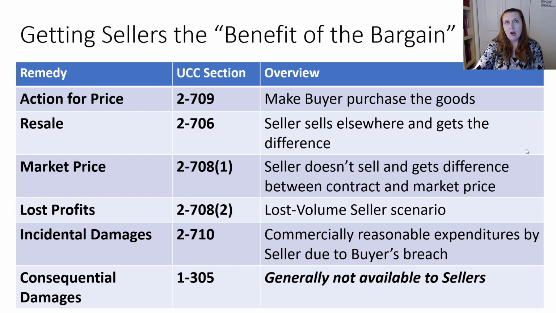All of these are ways of trying to get the seller to the point of: they had a contract to complete a deal, where the buyer was going to purchase a good and pay them a certain amount of money for it. How do we get sellers back to that point? Well, the most obvious way is the action for price. Simply making the buyer purchase the goods. Buyer, you must give me money for these goods and then take the goods.